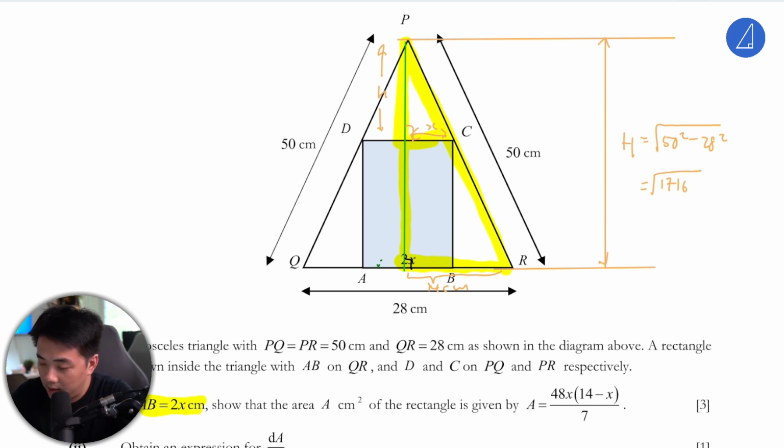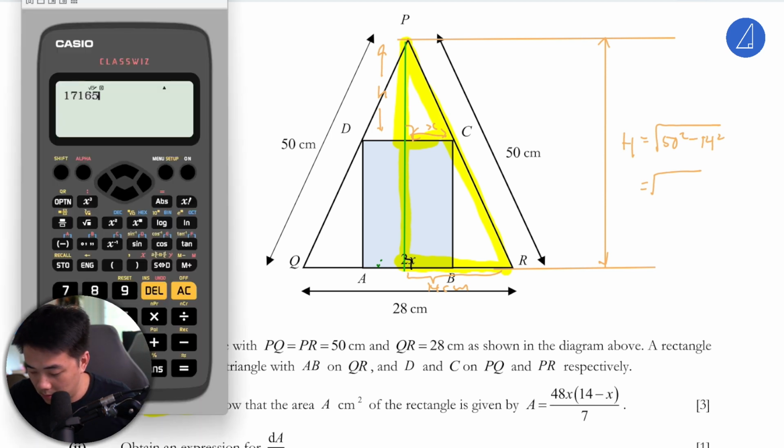Right, I keyed in the calculator wrongly. This should be 14 squared. So we check the answer. 50 squared minus 14 squared. That's 48.